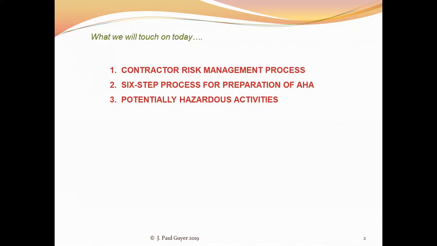So these are the chapters in the book, the things that I'll be touching on today. Contractor risk management process, what that is in a generalized way. And then we'll walk through the 6 steps that you go through on a project to prepare an activity hazard analysis for your upcoming project.